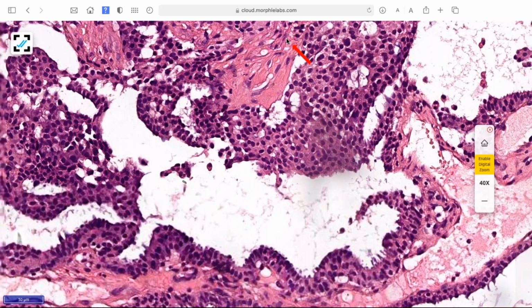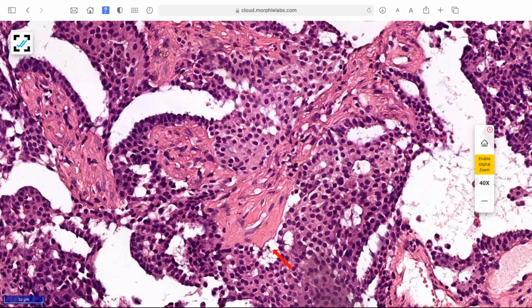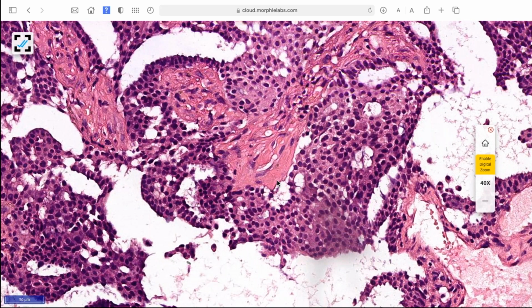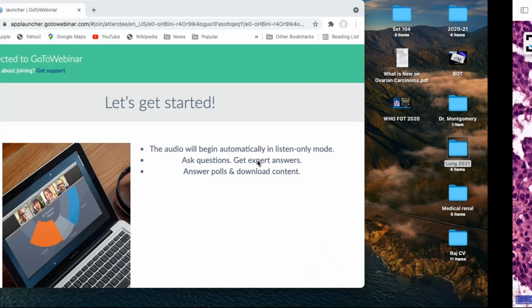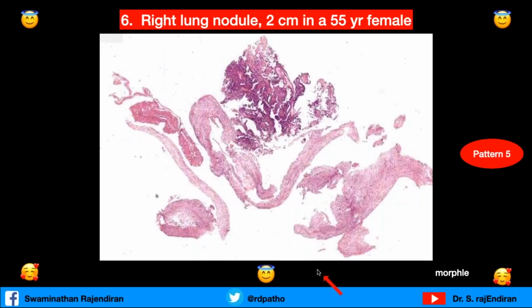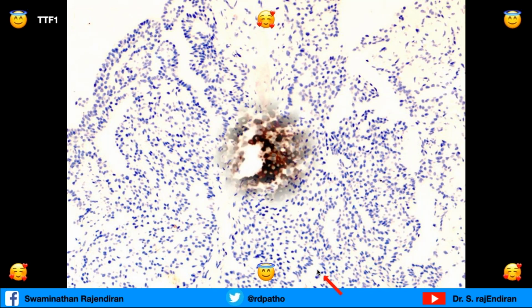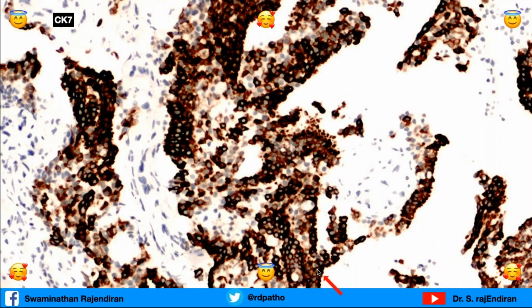But the first question you have to ask is, is it primary or metastasis? Okay, so we cannot say that with this slide. So let us go back to the presentation. TTF negative. If it is primary, TTF has to be positive. CK7 strongly positive. Can it be TTF negative, CK7 positive lung primary?